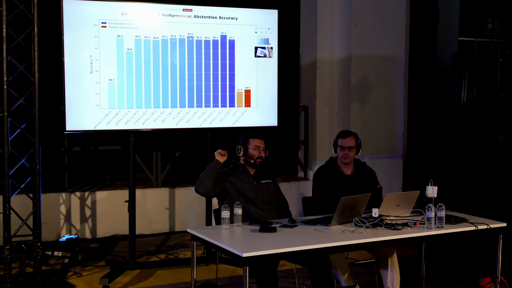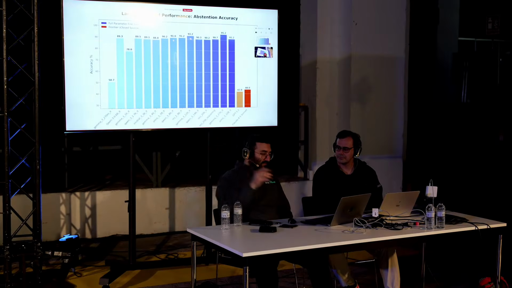Abstention basically means the model refuses to answer your question if it does not have enough context. So let's say you're providing context that has nothing to do with the input question. After the training, we realized that a tiny model does better than even Claude and GPT 5.2, simply because these models are generative and they want to generate something.